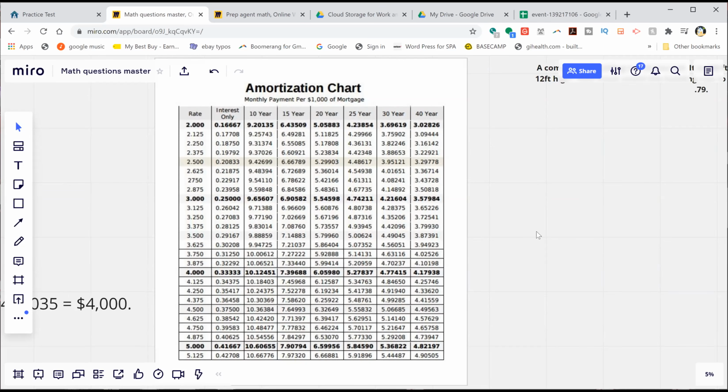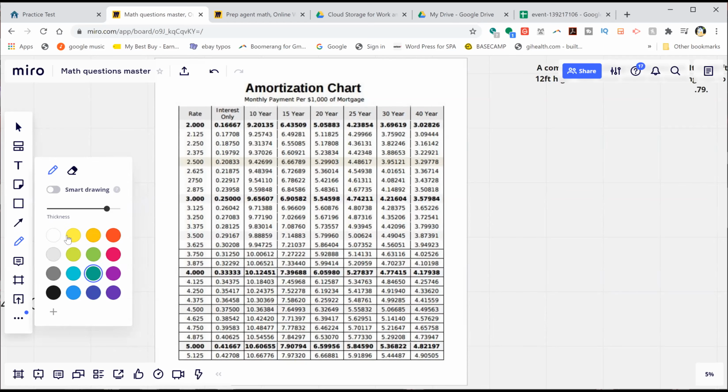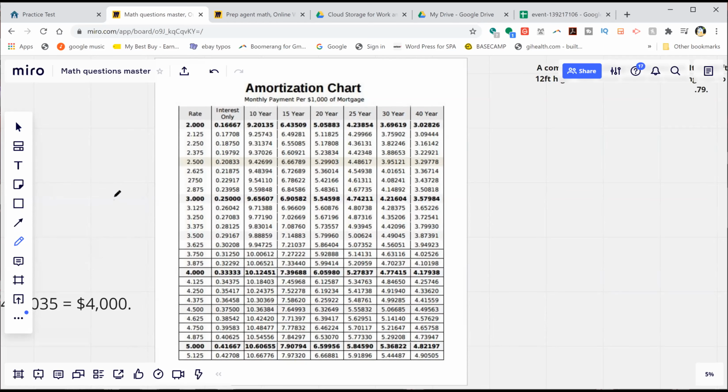But the real understanding comes from being able to understand what you're seeing here, okay? So guys, what do we see here? What is this? I see a rate over here.